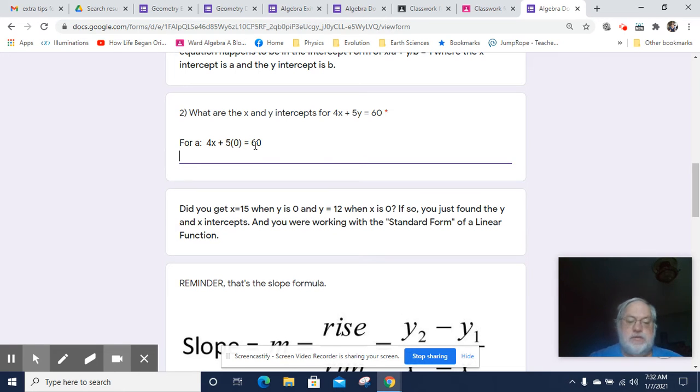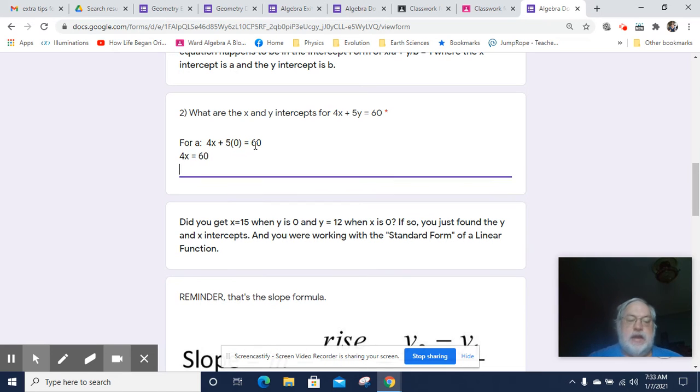So that means we've just got 4x equals 60, and then we divide both sides by 4, and x equals 60 over 4. Notice that 60 is over 4 to get the x-intercept, and that actually points to a cheat code, and so x is 15. So we have an x-intercept at 15, 0.